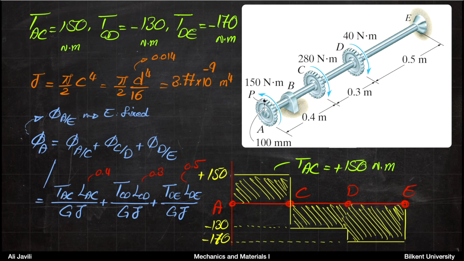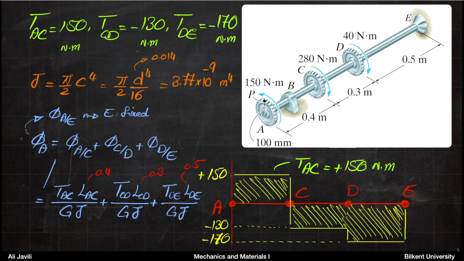But because all the parts in the shaft have the same mechanical property and the same area, they all have the same G and J. And J is just the polar moment of inertia for the shaft. You can calculate it as pi over 2 times c to the power of 4.